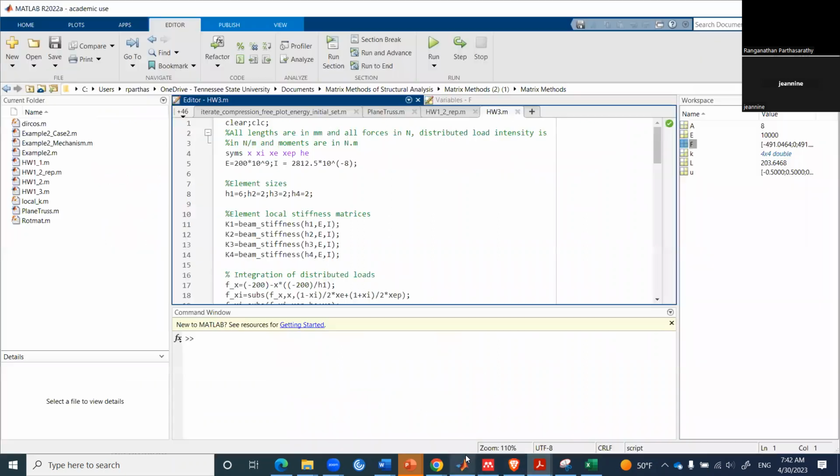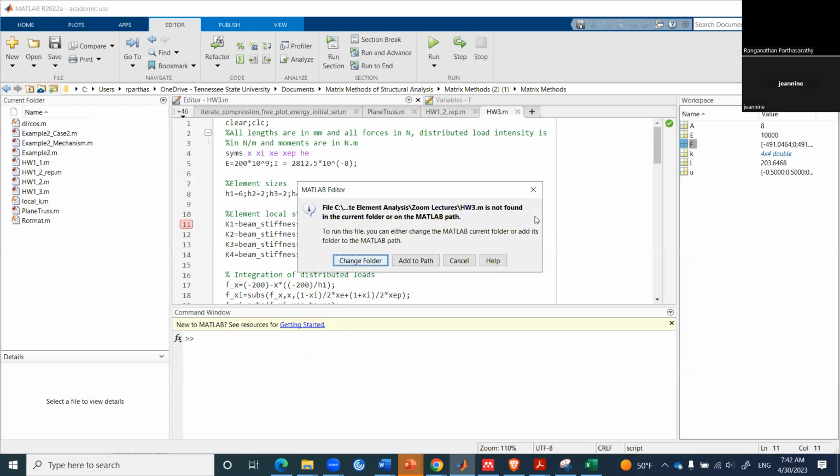So the first step would be to make the local stiffness matrices. So that is beam stiffness. We are using that code, right? Yes. So you just run up to there, you will see that.